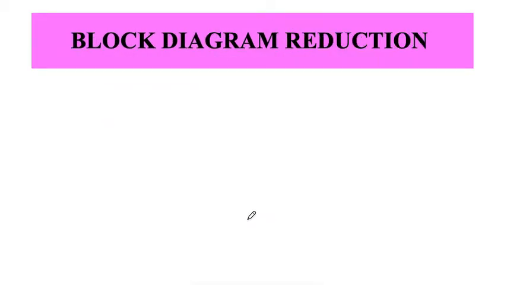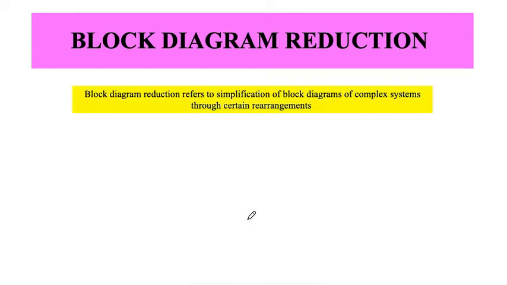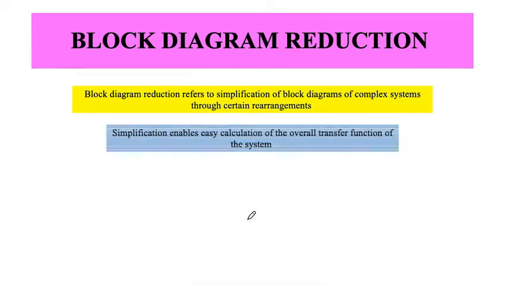So what is this reduction business then? We are aiming to reduce or simplify the block diagram in order to get an overall transfer function. We do not need to really write down equations all the time and then eliminate each variable one by one. That was what we did in earlier examples, right? Then we have the block diagram representation, but if it is a complex form, we just have to simplify it.